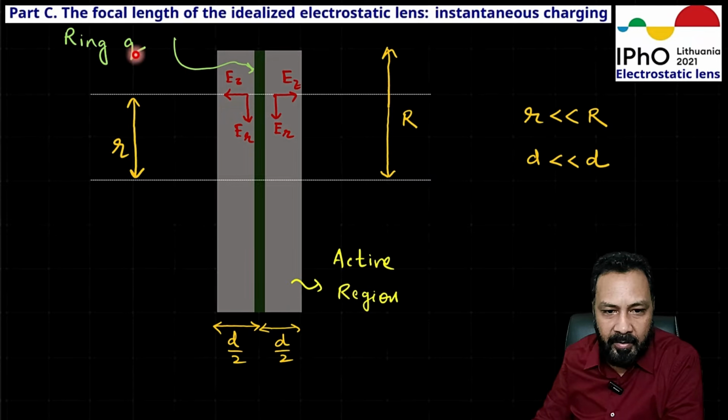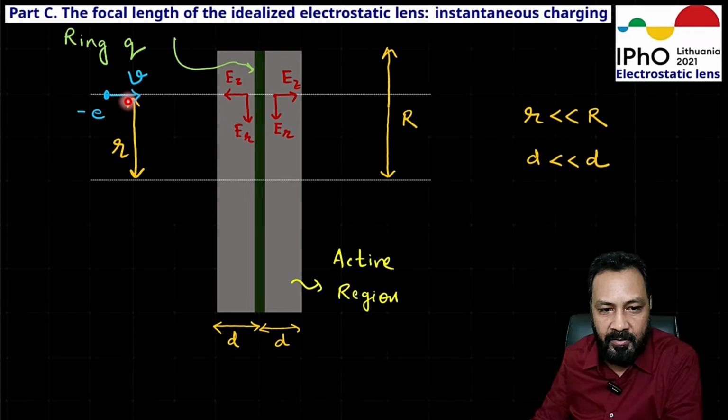Here the ring, suppose I take the ring charge positive. Then the Z component would be away from the center and the R component would be towards the center. If an electron is projected like this, heading towards the active region, suppose it enters the active region.